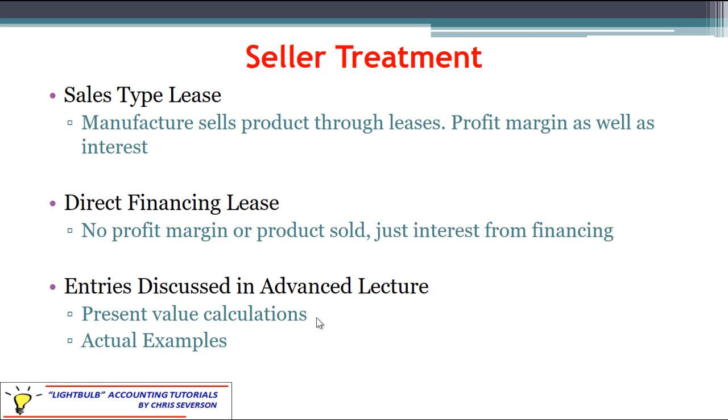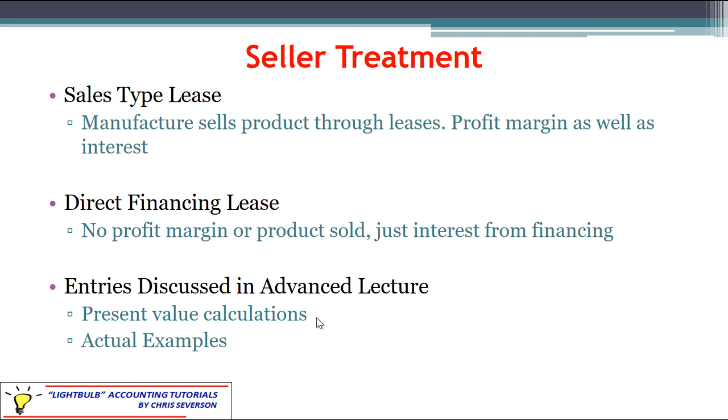What they're going to record when they sell that, if it's a capital lease, is the profit margin as well as interest from the leasing transaction itself. So they're going to have two types of revenue: interest revenue, and then just your normal sales above cost of goods sold, your gross profit margin.